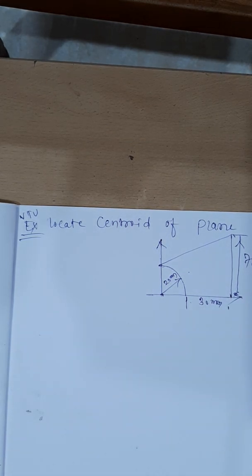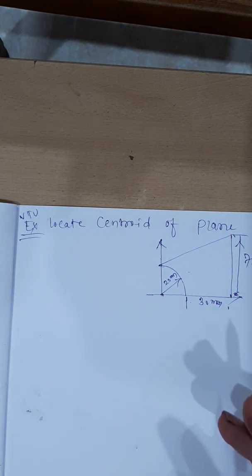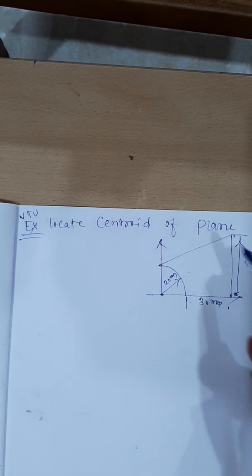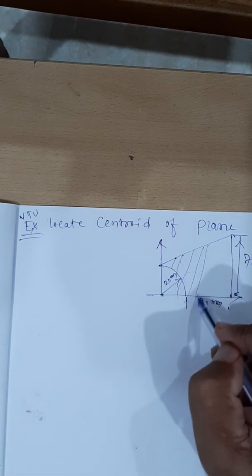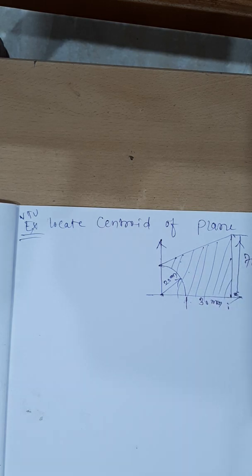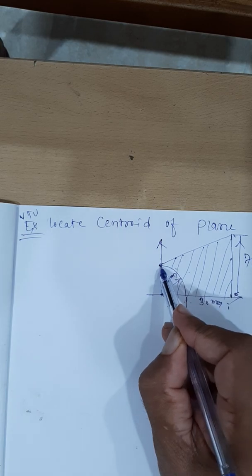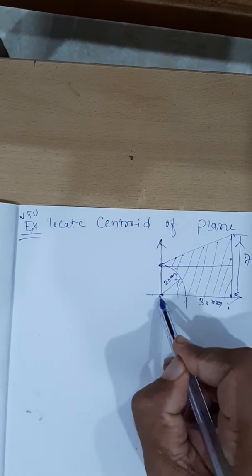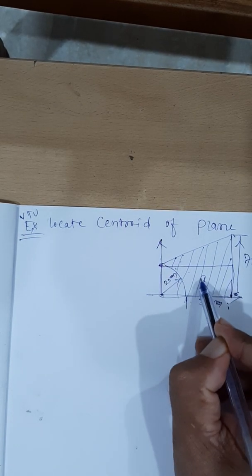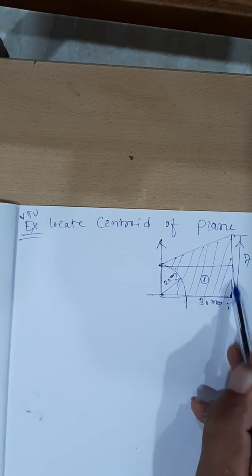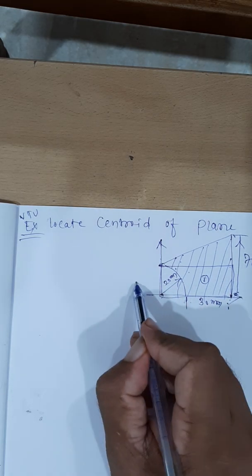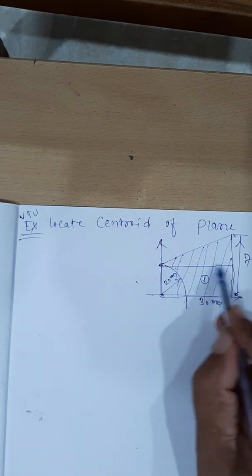Friends, can you tell me how you can solve this particular problem? First, you need to see the basic figures, how you can consider this whole overall figure. He is asking you to get the center of gravity of this hatched part. First, you consider one rectangle here, rectangle 1, with dimensions 50 mm by 20 mm.